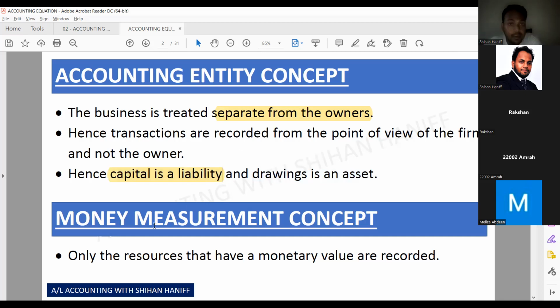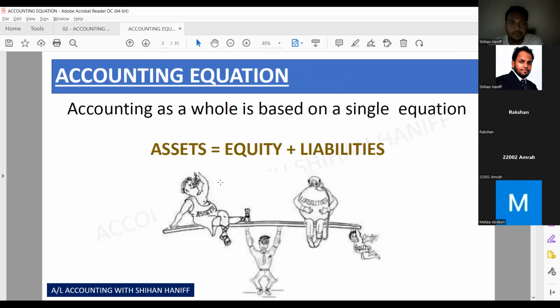And the next important concept is money measurement. In accounting, we record only the resources that have a monetary value. Financial. Okay. Then accounting as a whole is based on a single equation: assets equals equity, meaning capital plus liabilities.